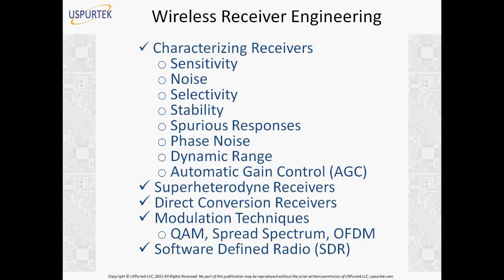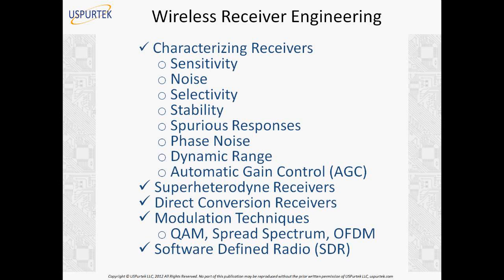After understanding all these characteristics, we'll move on to the various receiver topologies that are in use. We will learn about the superheterodyne receivers and the direct conversion receivers and what role they play in the conventional receiver architectures. Then we'll touch base on the modulation techniques, specifically the digital modulation techniques, which are mostly in use in cellular communication networks.